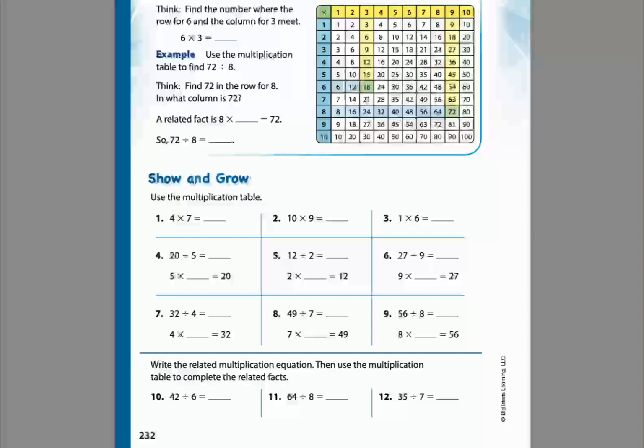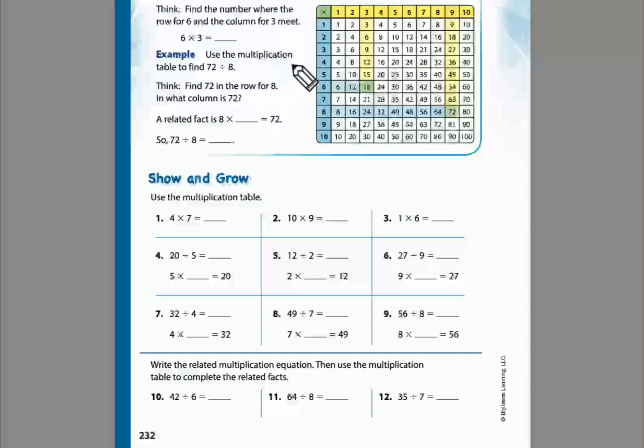Ibrahim Thwaiqab. Yes, teacher. Question number 1. 4 multiplied by 7 equals 28. Yes, that's right, but you didn't use the multiplication table. In which row?